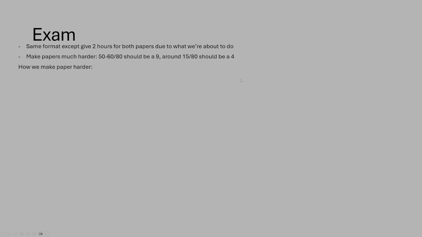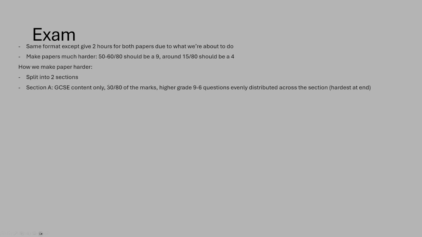So firstly, we're going to split the paper into 2 sections. Section A is going to be GCSE content only. It's going to be a bit less than half of the marks, but it's obviously going to be harder questions. It's not just going to be the stuff that's currently in GCSE Further where they just ask some slightly higher level content.